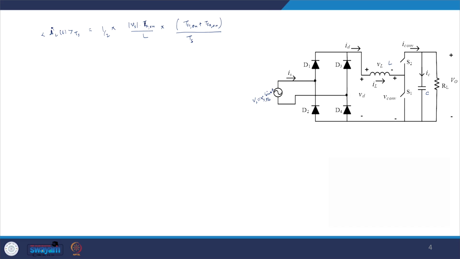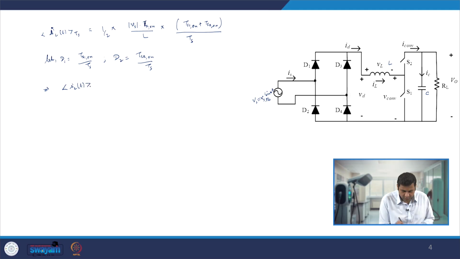Now let D1 equal Ts1 on by Ts and D2 equal Ts2 on by Ts. So the average variation of inductor current over the Ts duration is half modulus Vs of t times Ts1 on by L times D1 plus D2.